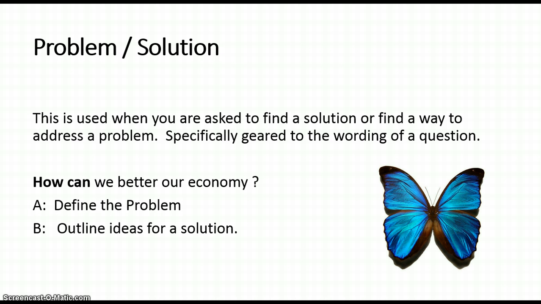You talk about the problem of bullying. Maybe your 3 points would be in the hallway, in the classroom, and after school. And so in the hallway, you could define the problems that exist for people who are being bullied, specifically in the hallway, and then outline ideas for a solution. But it's specifically worded to a certain kind of question.